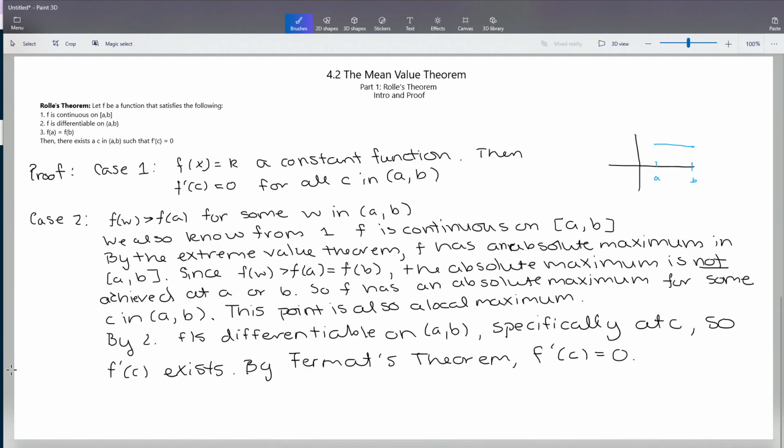And that's exactly what we want to conclude, right? That the derivative at that value c is 0.